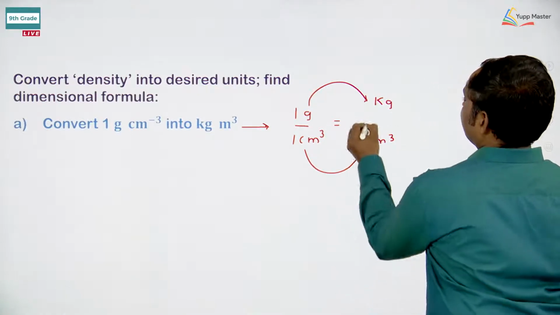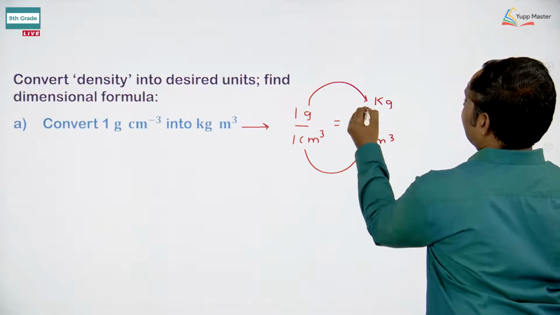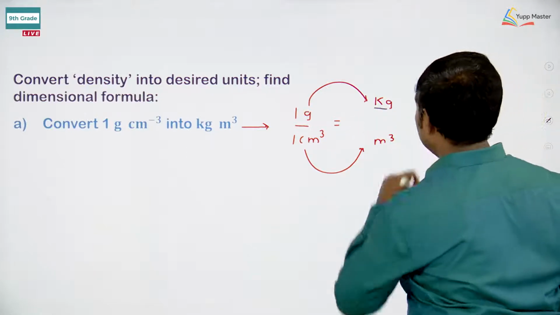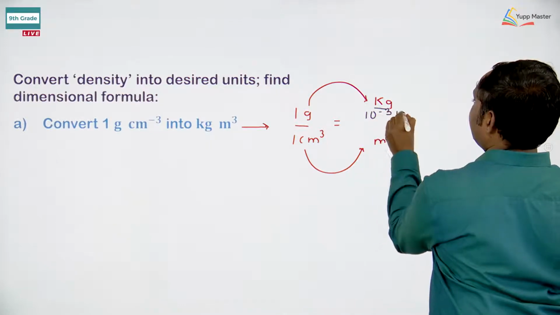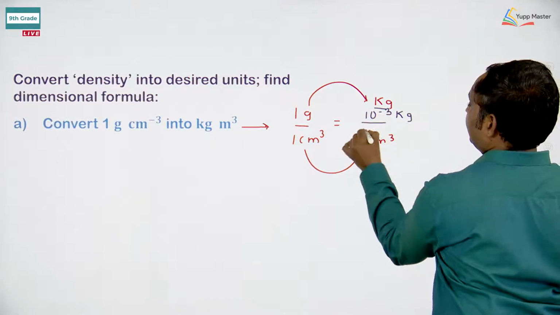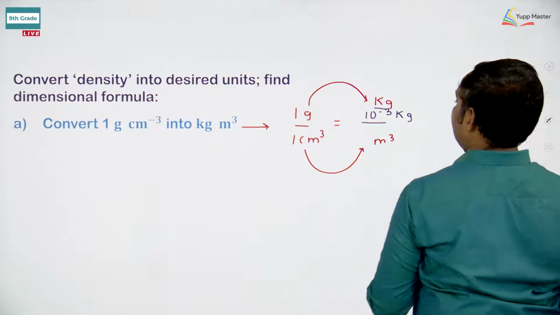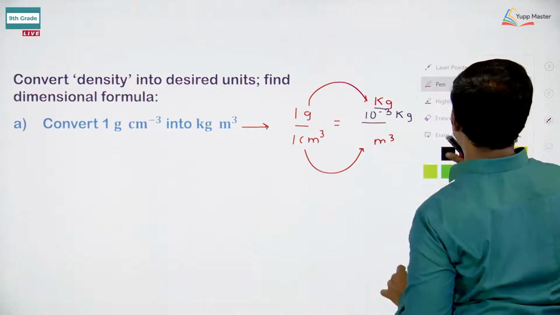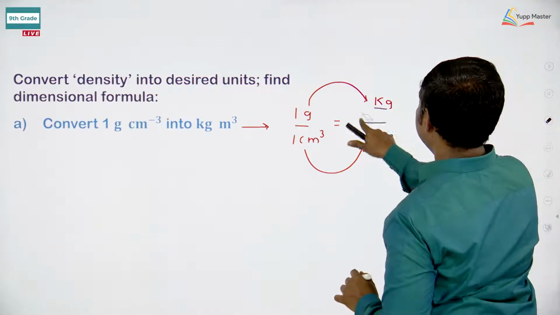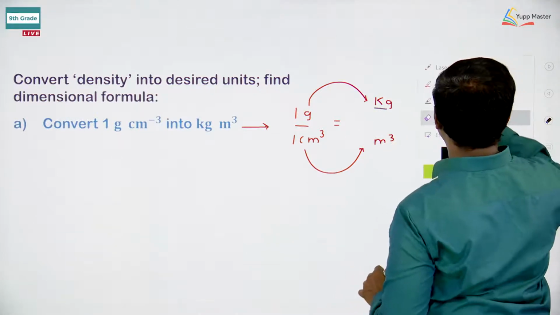Suppose you know one thing, that 1 gram is represented as 10 power minus 3 kg, and 1 centimeter is 10 power minus 2 meter.